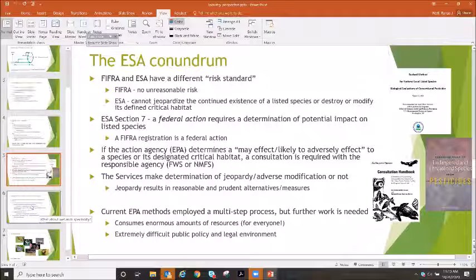It's extremely difficult from a policy point of view, but also from a legal point of view, which again we're not going to get into in this workshop. These background documents are public documents from EPA and Fish and Wildlife Service websites, and I believe they will be posted on the website if anyone is interested. So, next.